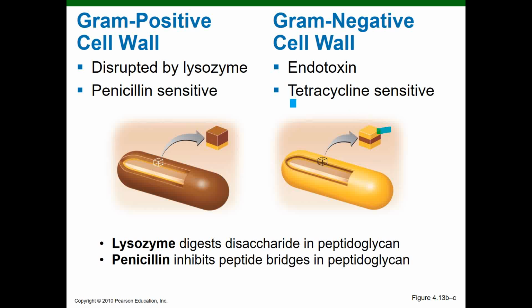Gram-negative bacteria tend to respond a little bit better to tetracycline antibiotics. Tetracycline inhibits protein synthesis, so it's going to be inhibiting the bacterial ribosome, which we'll talk about in just a second. Again, because they don't have as much peptidoglycan, it may be a better option when treating gram-negative bacterial infections.